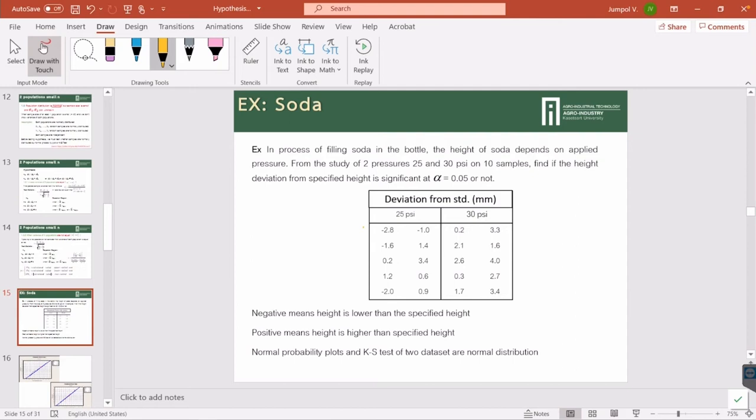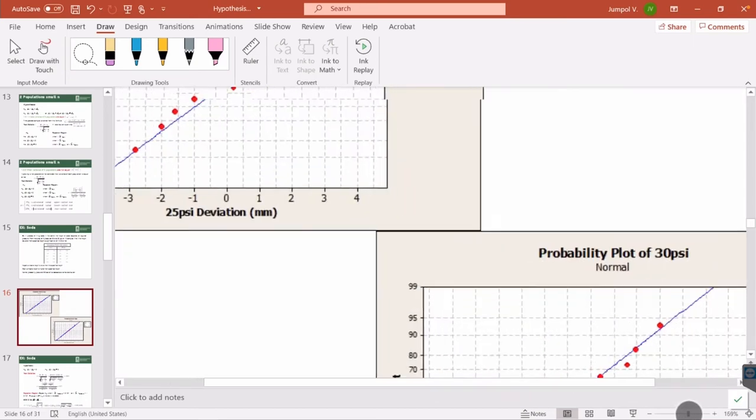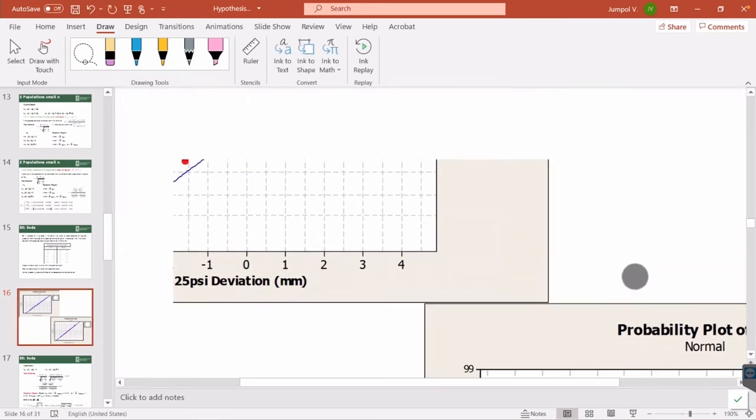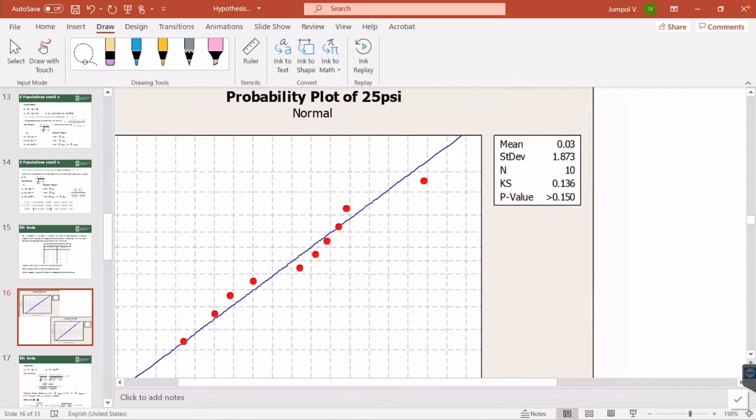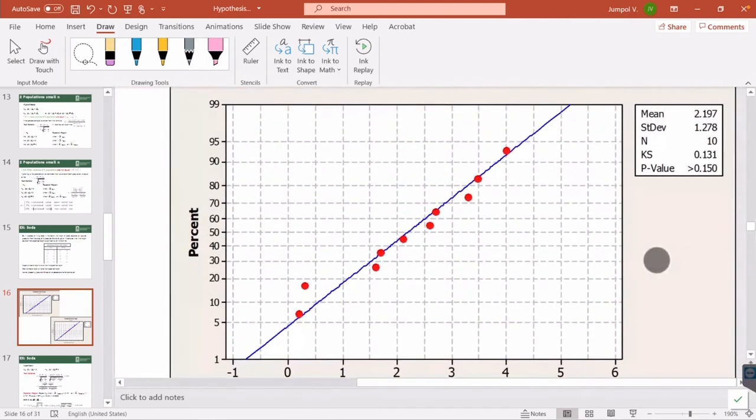First, we need to test whether the distribution is normal or not. So we test using Minitab, and if we see the p-value, you can see that the p-value is about 0.15 and also 0.15 here.